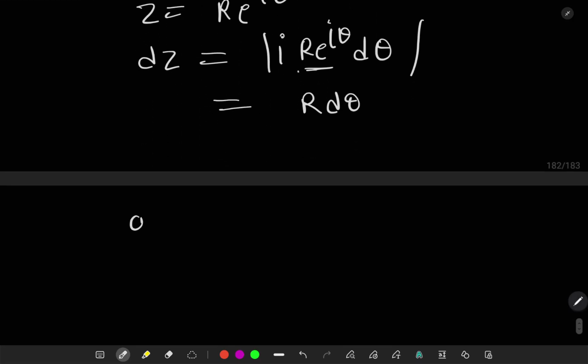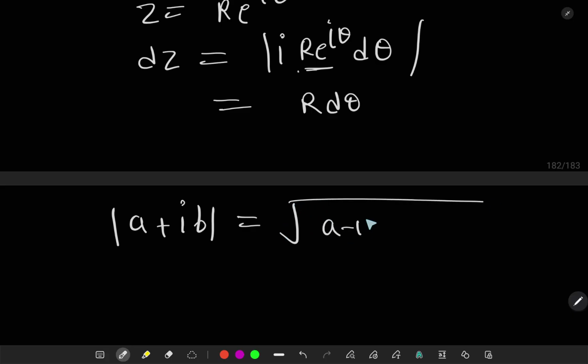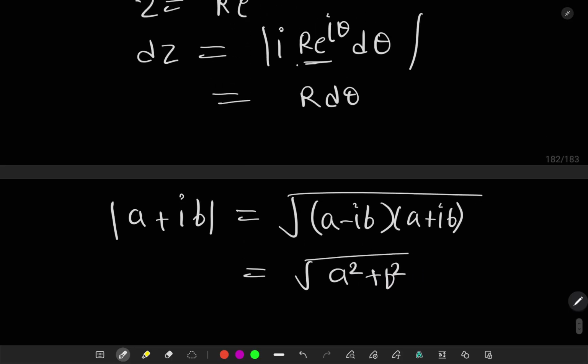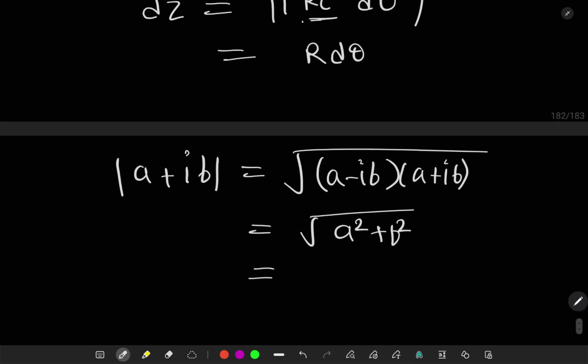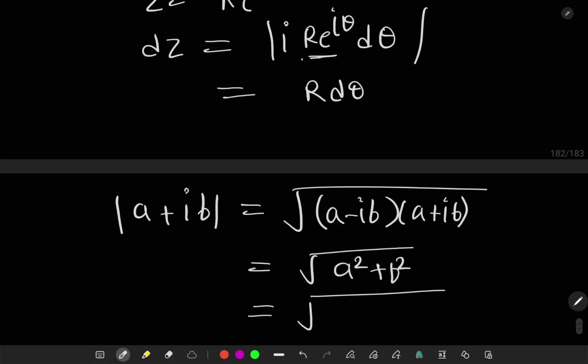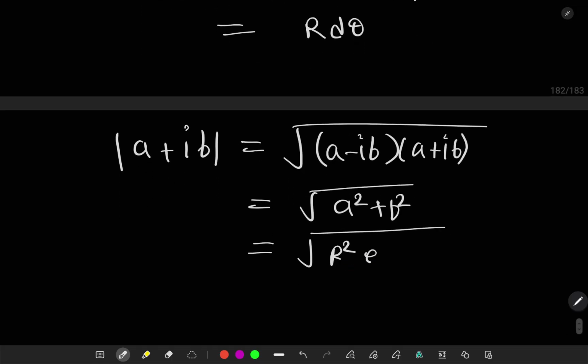Here |a + ib| = √(a² + b²). Then if we find the modulus of this value, we can write this value, and this equals r.